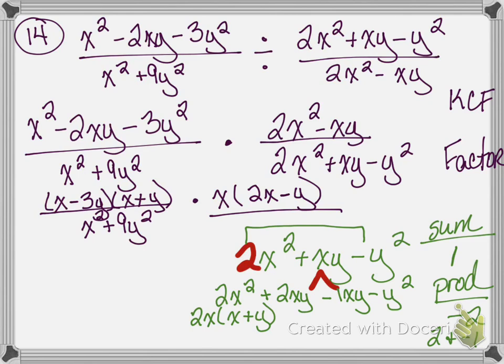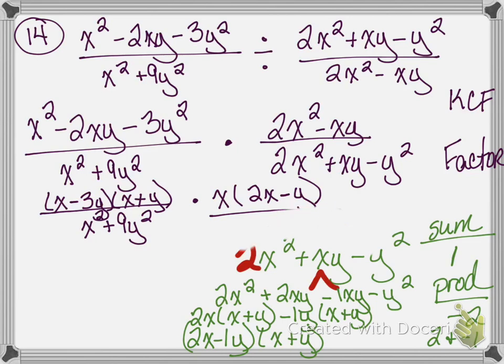Then I'm going to take a negative 1y out of my second 2. So this factors to 2x minus 1y times x plus y. And that is what goes in the denominator right here.